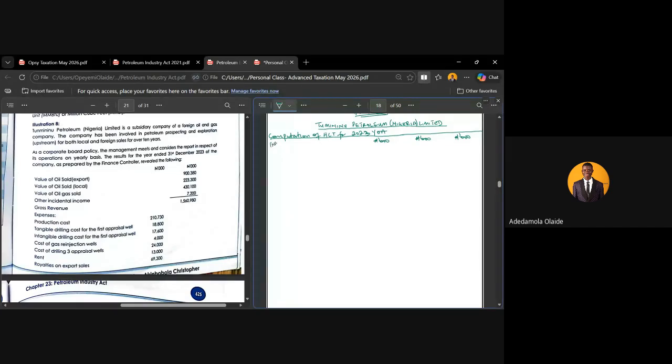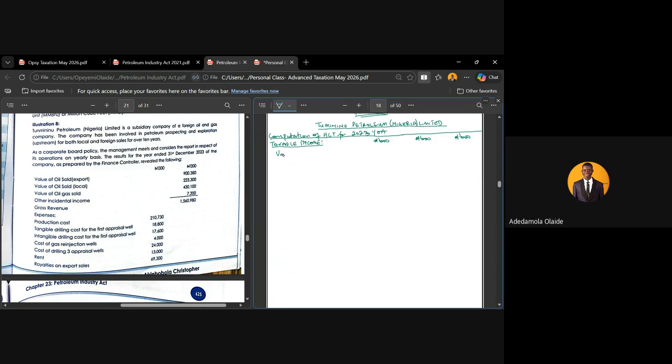We'll have the taxable income. For hydrocarbon tax, we only have 4 items that we see as income that we subject to tax.